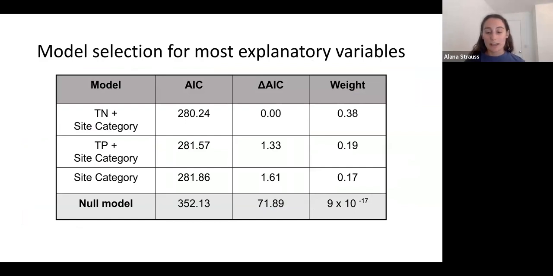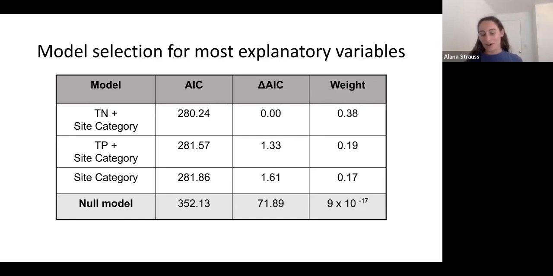Total phosphorus and site category was also a somewhat important result, as it had a delta AIC of less than 2. It was weighted at 0.19, meaning that it explains about 19% of the variation within chlorophyll A. Then site category by itself was a significant result as well, and explained about 17% of the variation within chlorophyll A. I included the null model on here just so that we could see that its delta AIC is way higher than 2.